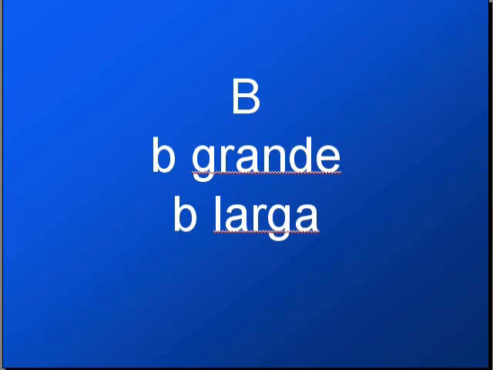So for a letter B, some people might say B grande or B larga, which literally means big B or long B. I think that there are some other things that people say as well, but those are the two more common ones that I've heard.